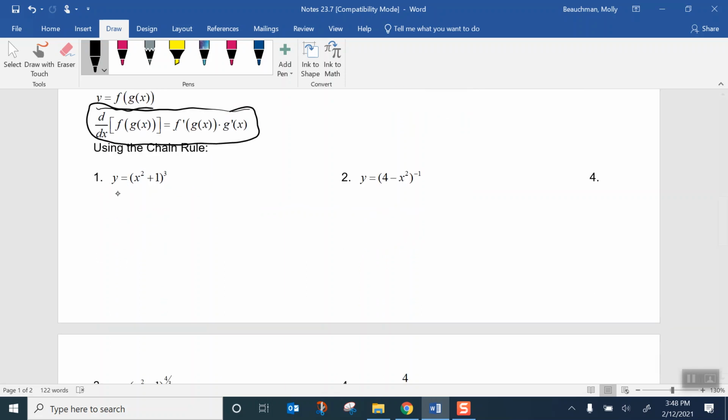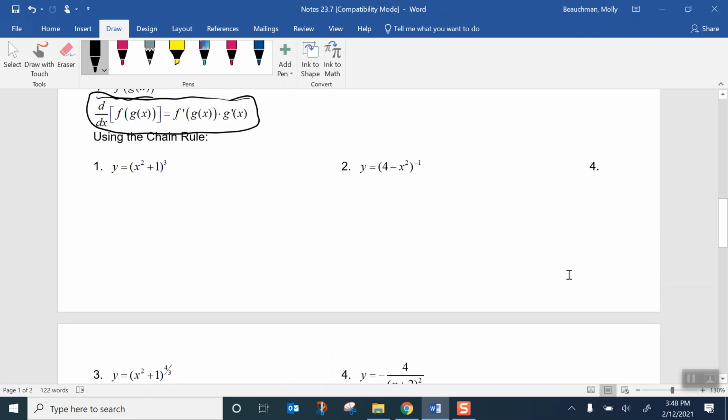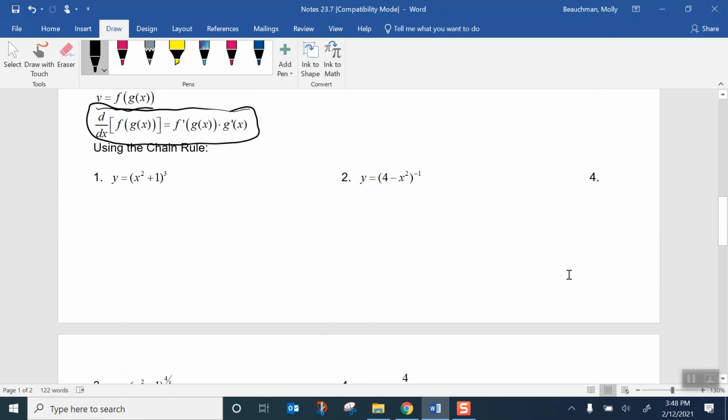Notice all of the examples that we have are parentheses around an expression, and then they are all raised to a power. So this tells you that we're going to be able to use the chain rule. So the first example, if y equals (x squared plus 1) to the power of 3, then y prime, the derivative, equals, apply the power rule to the outside function. 3 times (x squared plus 1), drop the power by 1, squared.